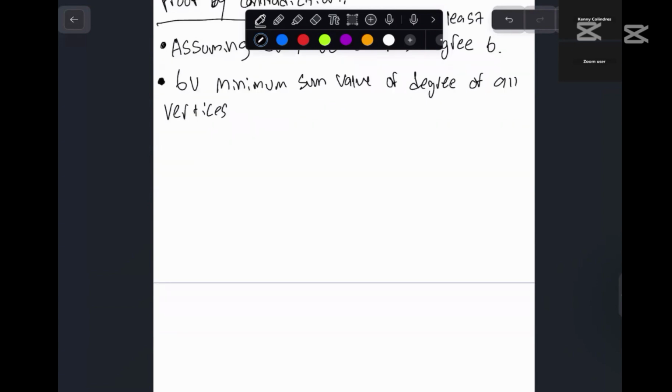So that is the minimum sum value of degree of all vertices. And then using that, we're going to bring in another summation formula, which states that for all vertices v that exist in V, the degree of the vertex v is equal to 2e.